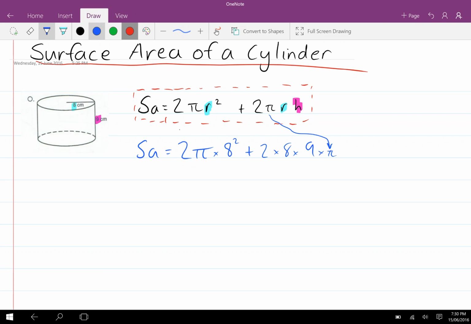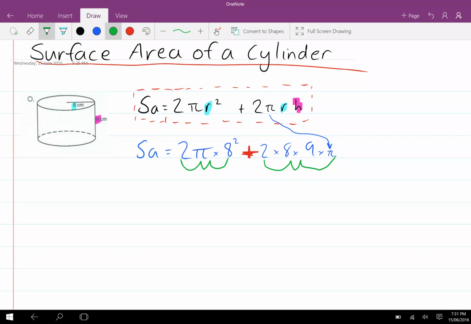Before we get started, I just wanted to notice that there's a plus there, and that affects our order of operations, because we've got to do the two products first, this one and this one, and then add the two together.